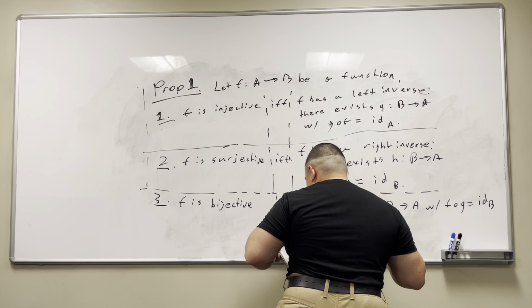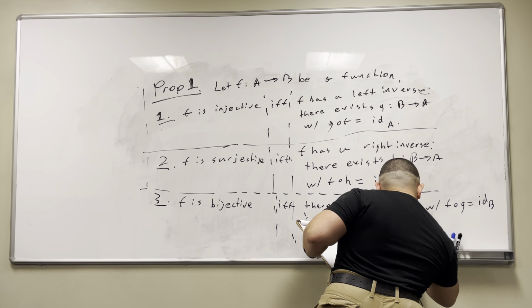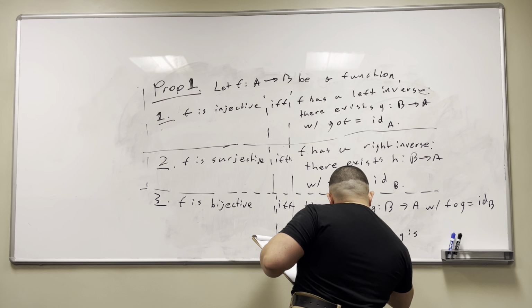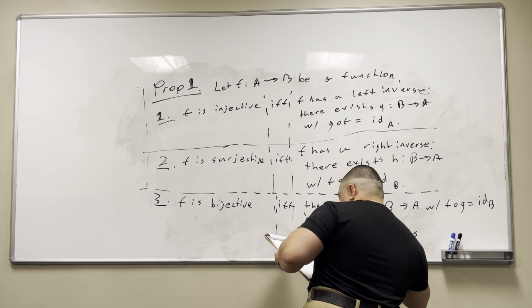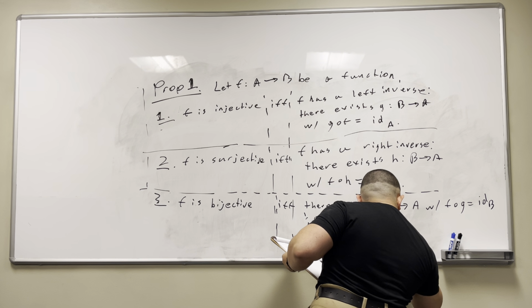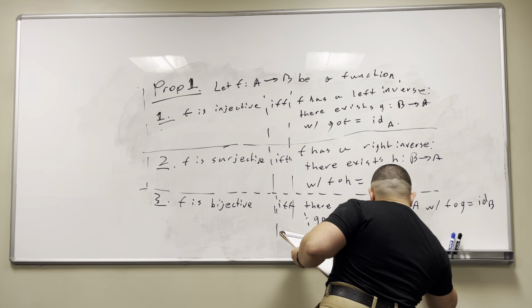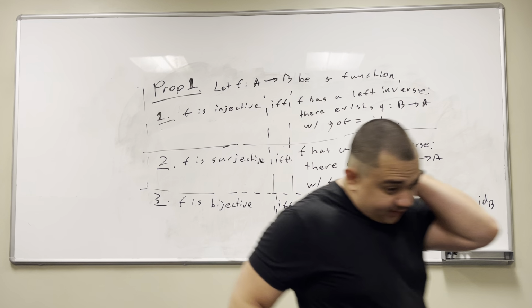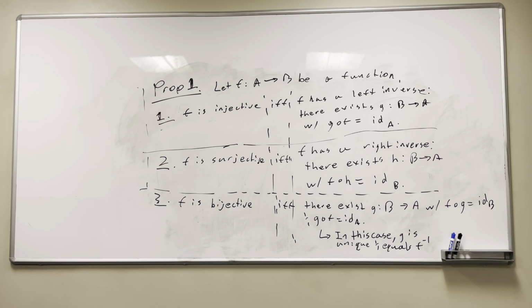Also, g is unique and equals the preimage, the inverse of f. How does that show up?